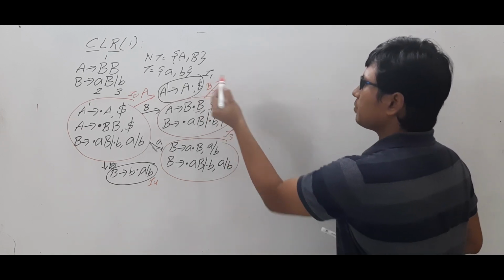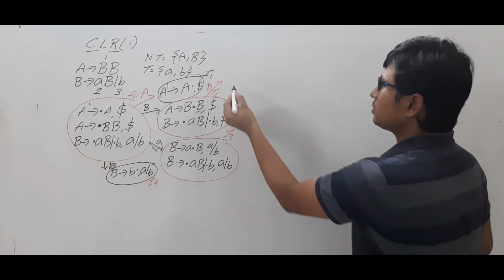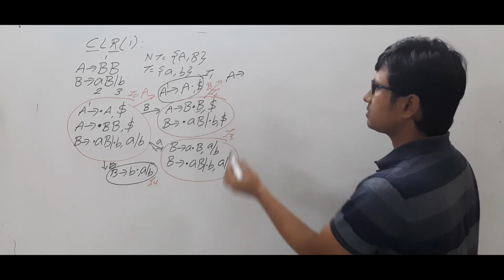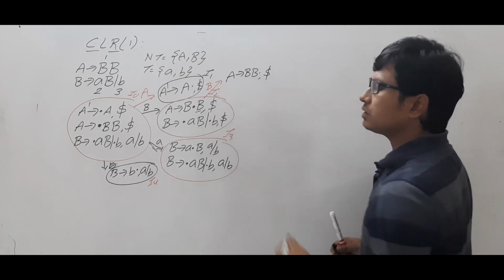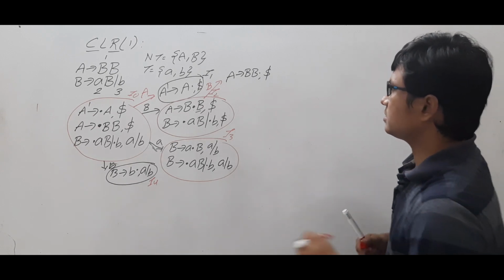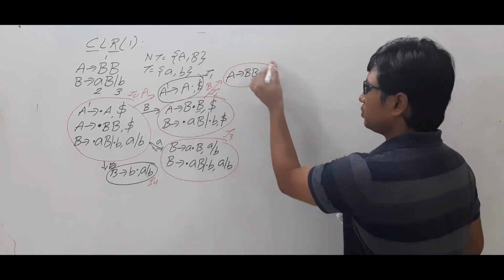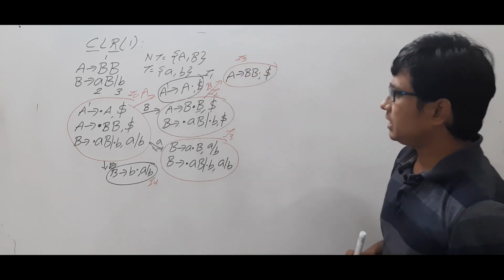On B what is happening? I2 on B go to statement, which is equal to A determines B dot, dollar, because whenever we are computing the go to, the look ahead will not change. So this is a reduced move. Let me write it as I5. Is it clear?